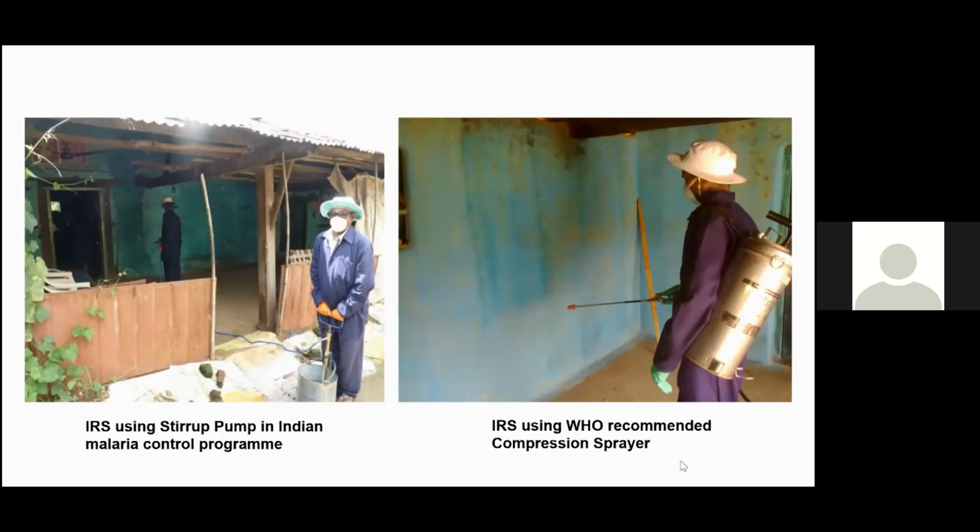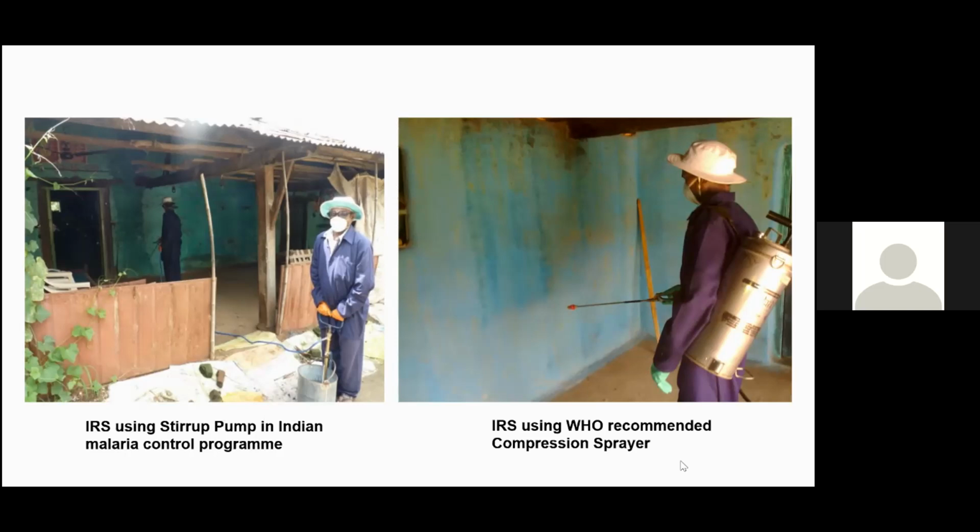On the right side of the slide, you can see a person using a compression sprayer. On the left side, two persons are using a stirrup pump. One is a sprayman inside the house, with a long hose connecting to the stirrup pump, and another person, generally outside the room which is not being sprayed, is handling or priming the pump.